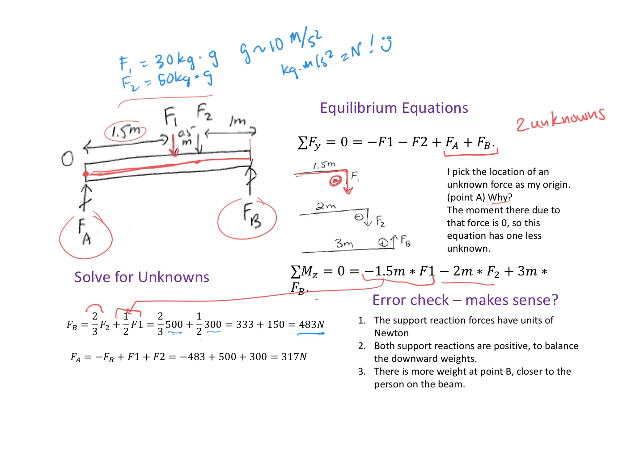Now to get F1, I'm going to come back to the force equation and plug in that new value for FB. So FA, first I'll rearrange this, is negative FB, because if I put that over on this side of the 0, it's negative FB, and then it'll be plus F1 and plus F2.